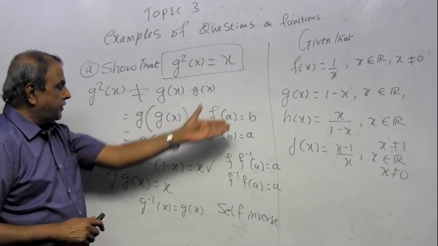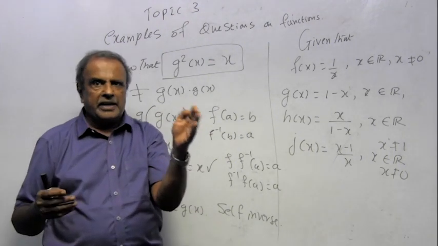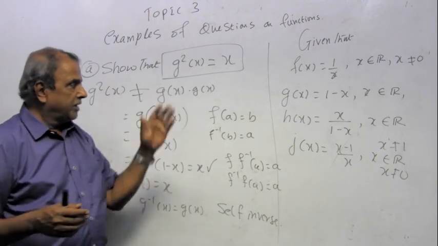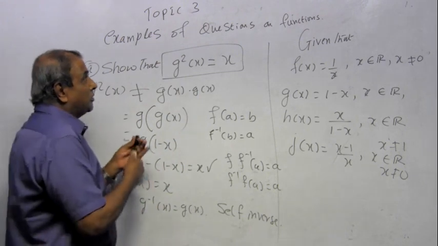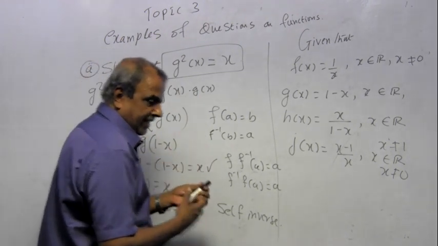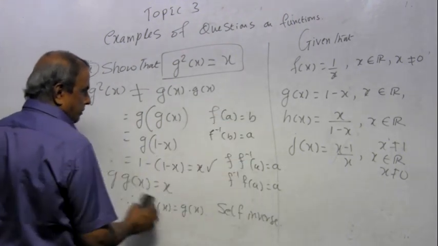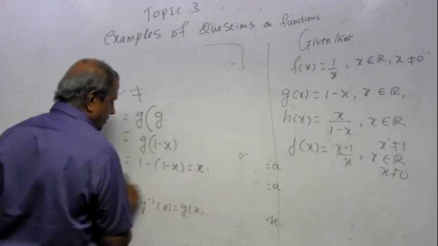So whatever is the effect of g, when you do it again, it goes away. So therefore, g inverse of x is g of x. Right? So I will of course put in the handout this definition or this concept of f of f inverse.